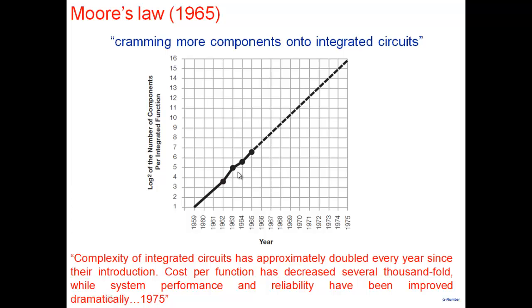And he said that looking at that particular technology at the time, there doesn't appear to be any inherent limitation. You can take your CMOS technology and keep on shrinking it, keep on scaling it from 10 to 8 to 6, 4, 2, and all that, and thereby you could cram more and more components onto the integrated circuits. You can make more and more complex integrated circuits without losing too much of yield and without the cost becoming too high.